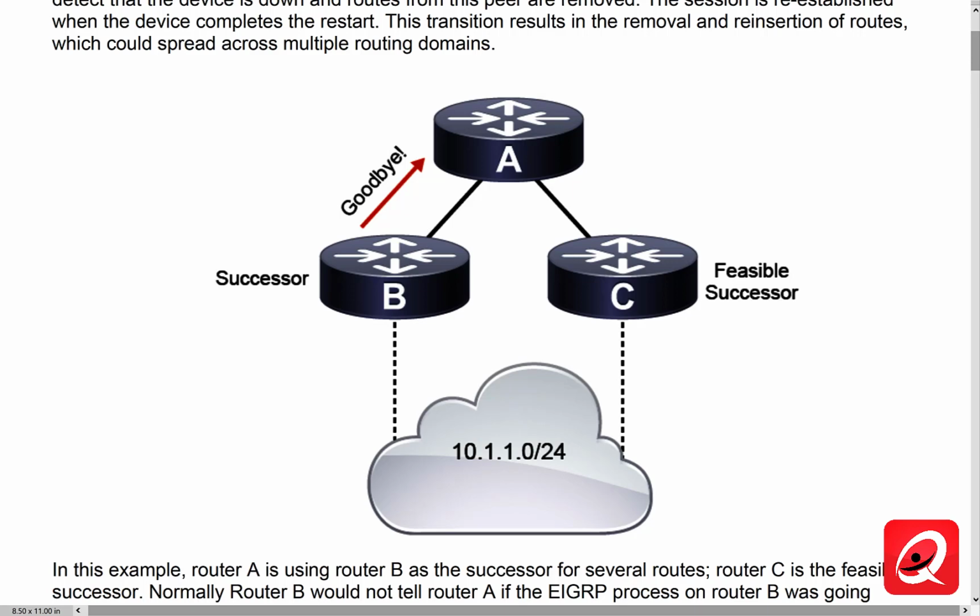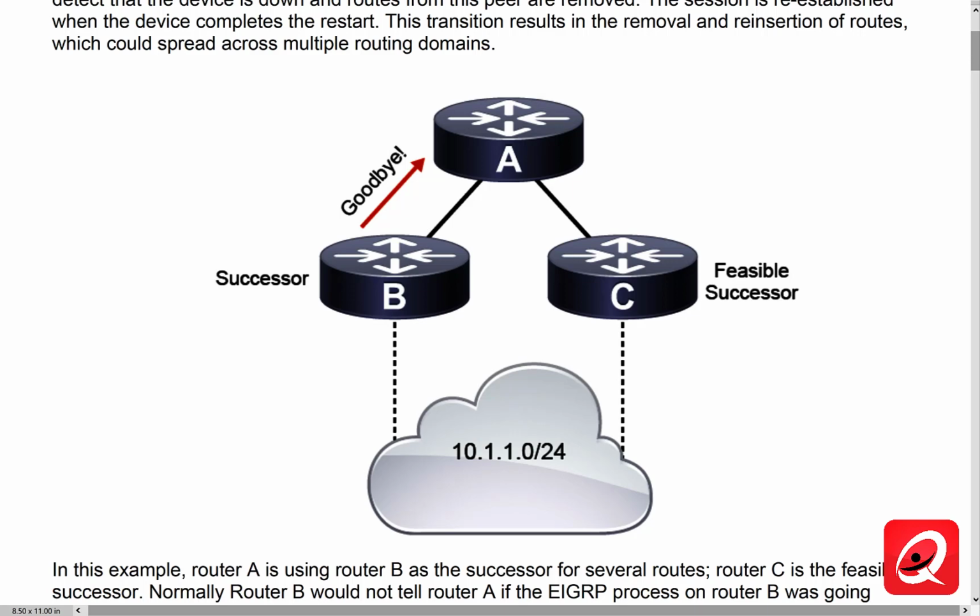So the idea is that we're going to allow our neighbors to quickly converge when your router stops running EIGRP or EIGRP fails on a particular interface. All right. Now, again, it's not really something that you have to configure.